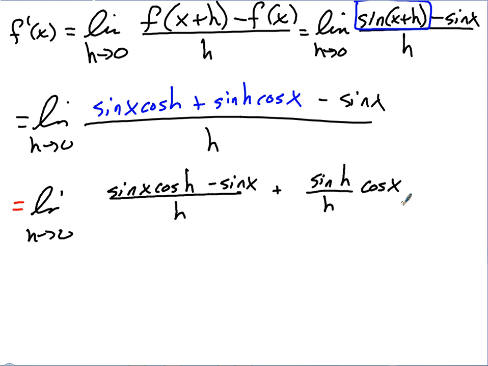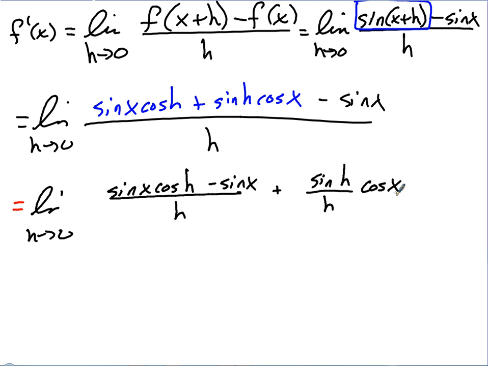How about? Okay. Now, the variable of the limit here is the h, isn't it? The limit is only acting on the h. So what's the limit of cosine x as h approaches 0?